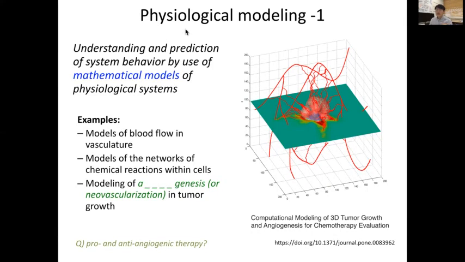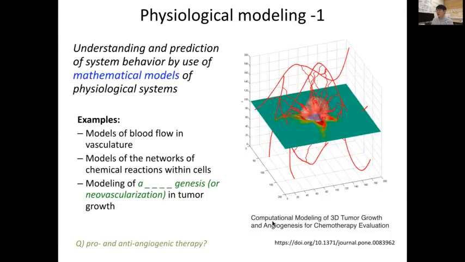And physiological modeling allows us to even model this process. Let's say here, this I brought as an example, from the tumor, when the tumor grows and secretes factors which allow new growth of the blood vessel to feed the tumor.